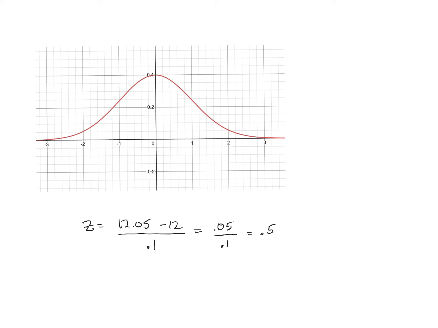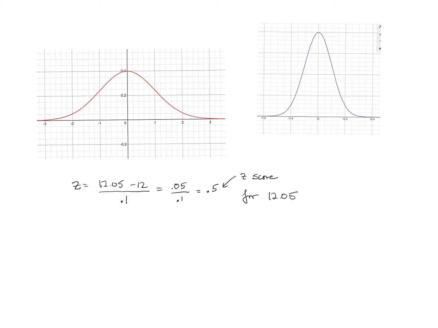So this is the z-score for 12.05 on the original cans of seltzer. If you look at the standard normal curve, where is the z-score? 0.5.